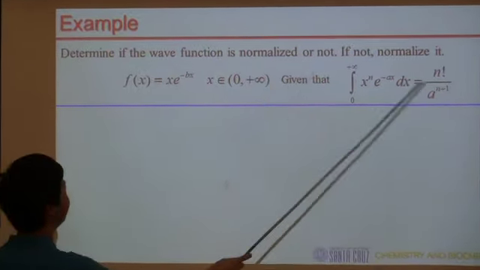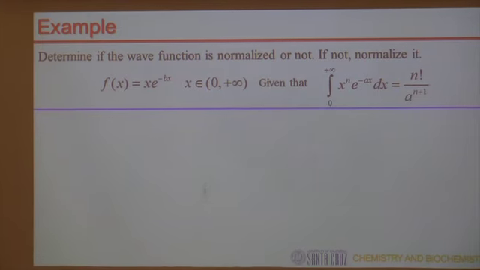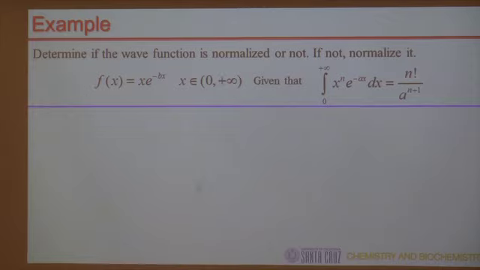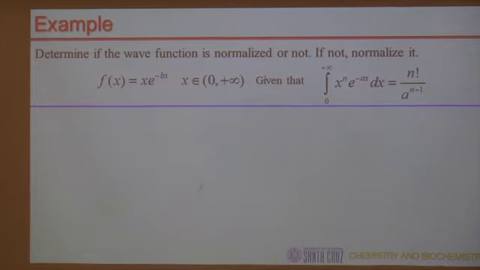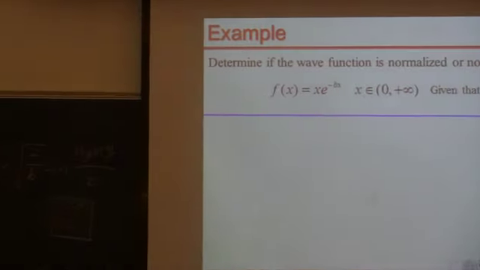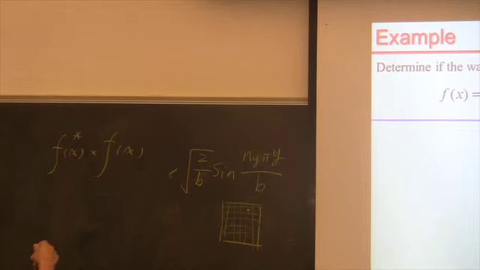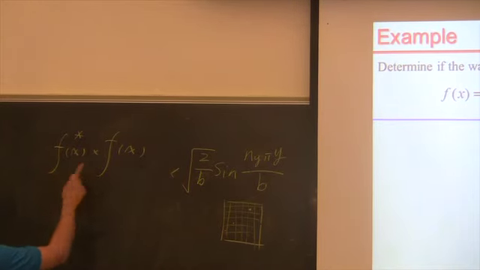Constant. For a complex conjugate, multiply them together. So f(x) star. Right. And then what? Another integral. Oh, we have put a concept on this one.